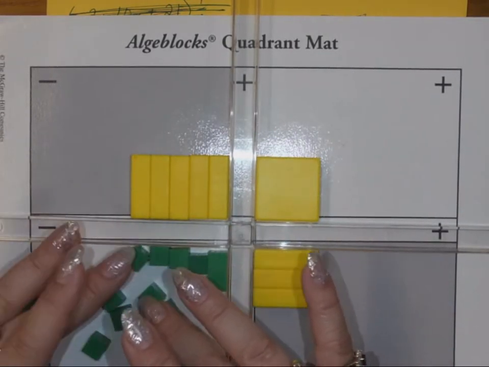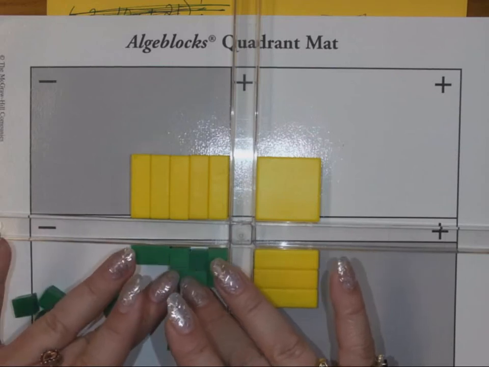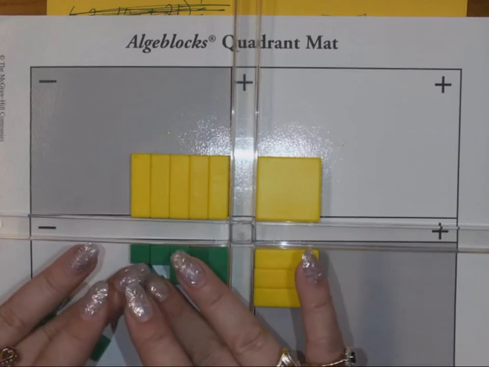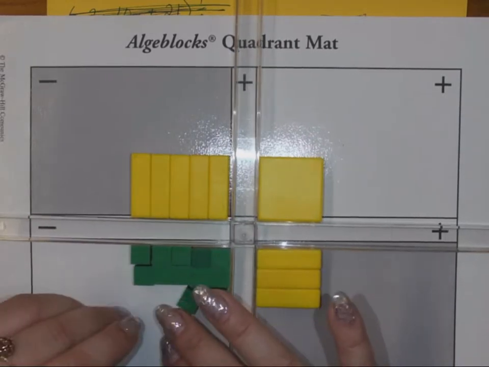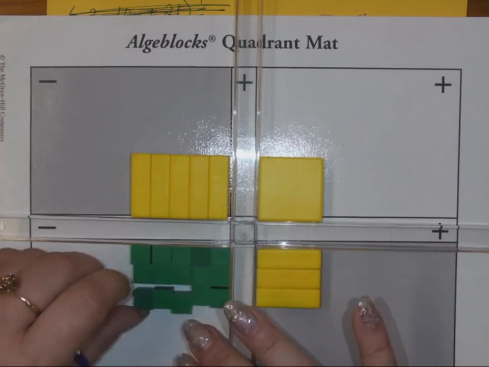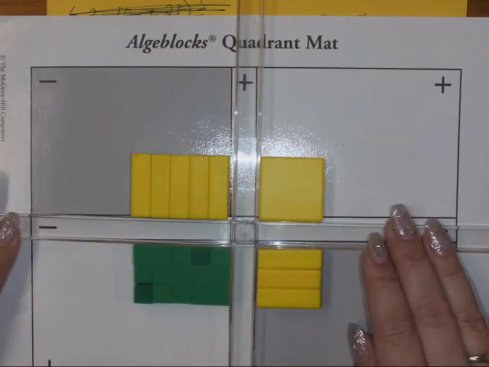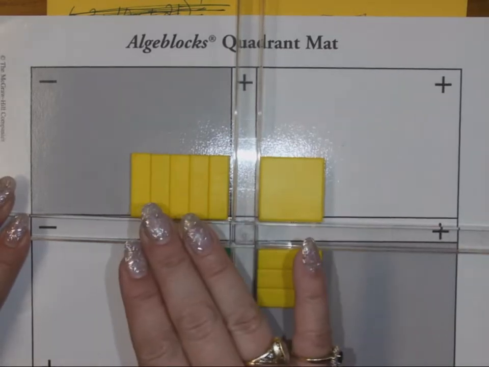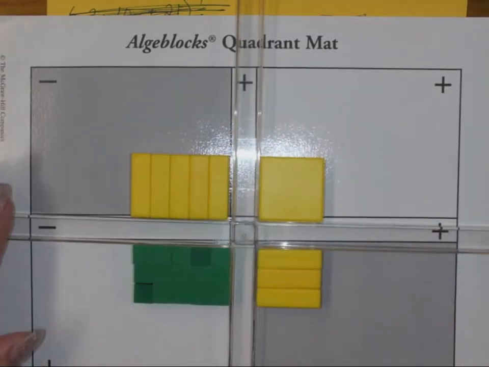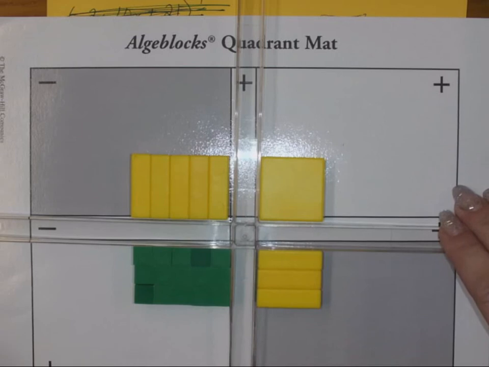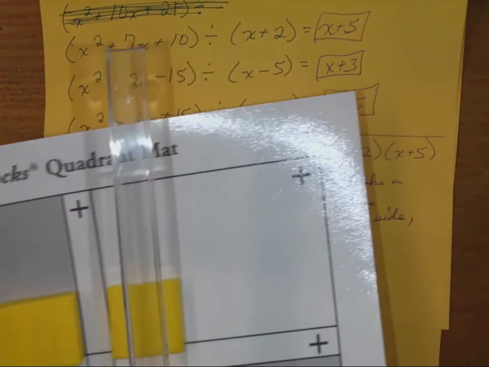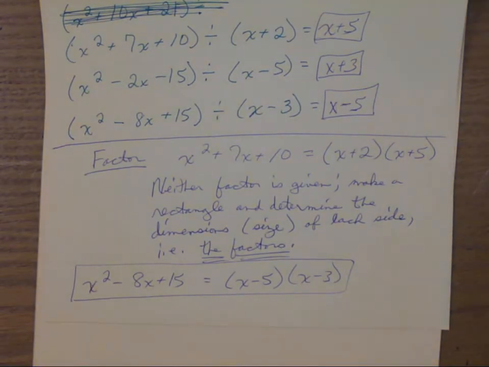It's not always going to be this easy because it's not always going to be a problem I just worked. But you'll make your rectangle, make a big old rectangle. There we go. And then we'll tell everybody the dimensions. What is it? X minus 5, x minus 3. Right? So we can do it even without giving the little hint of what the factor is going to be.